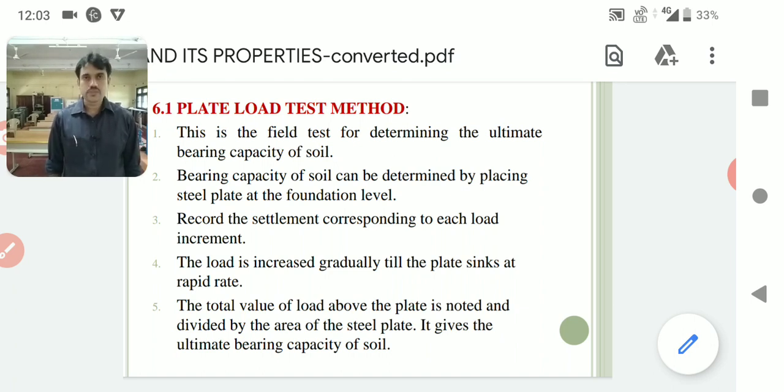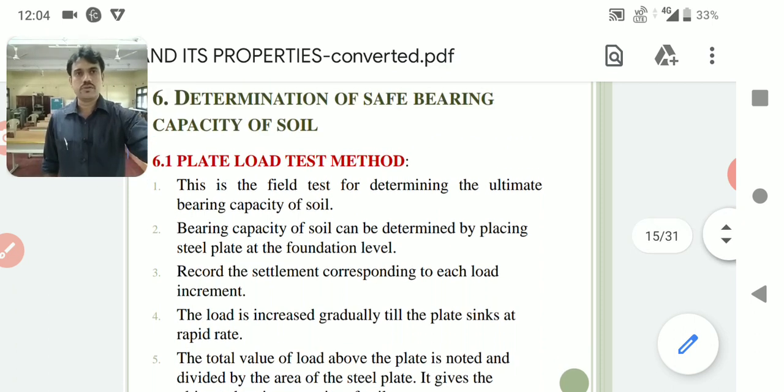In the previous class, we studied in detail the classification of soil based on its properties, that means particle size, and then we studied the definitions of safe bearing capacity of soil and ultimate bearing capacity of soil, and I told you the difference between them.